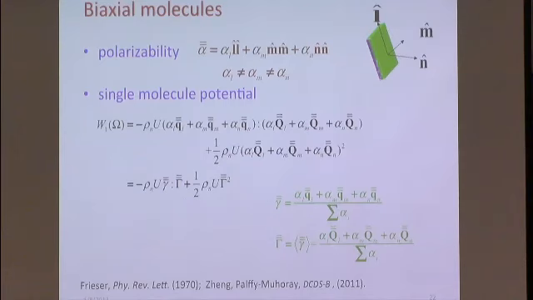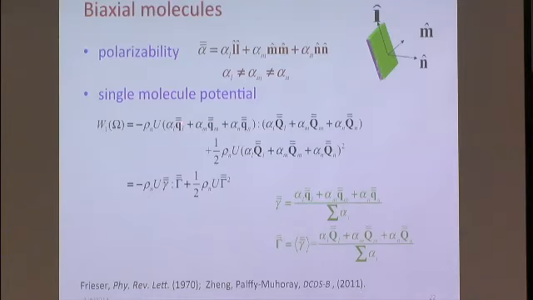Okay, so that is the uniaxial case. If we apply the standard theory to biaxial molecules, where all the polarizabilities are taken to be different, and carry out the single molecule potential, we can redefine this whole quantity, which is really the polarizability, subtract the trace and renormalize a little bit.